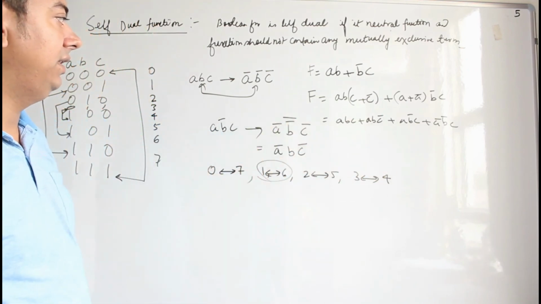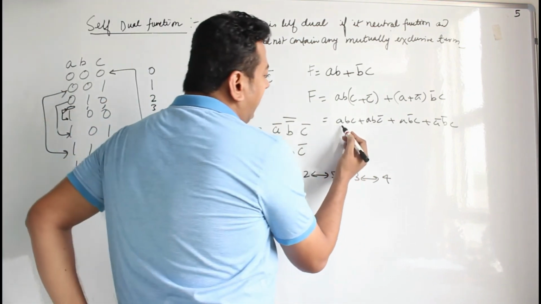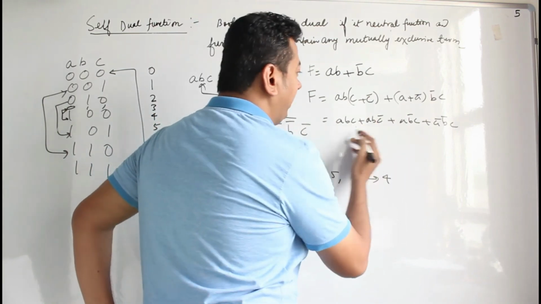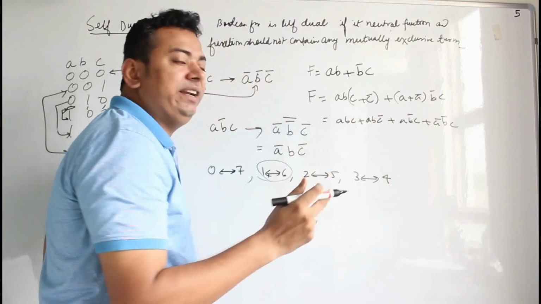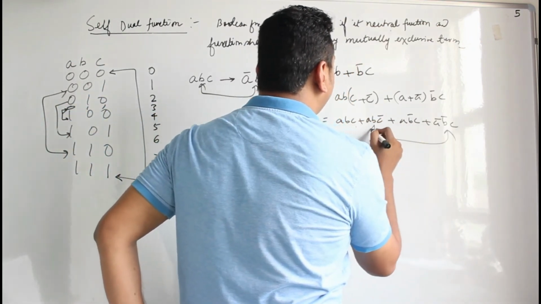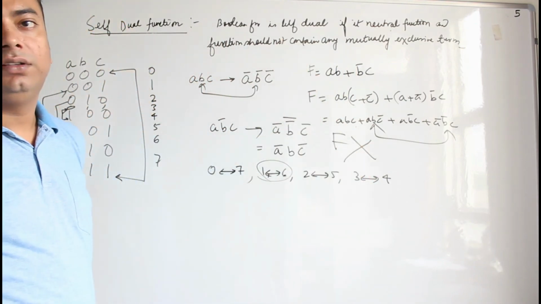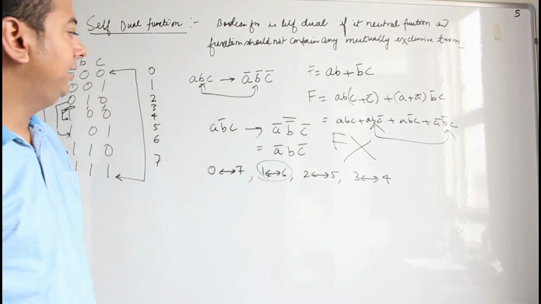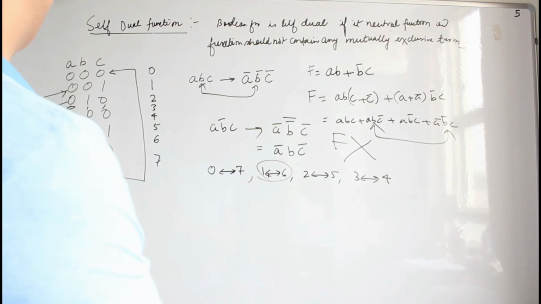Fine, there are 4 terms. Now check whether there is a mutually exclusive term or not. If a b c is given, there should be no a bar b bar c bar in this term, and there is none. If we have a b c bar, there should be no term a bar b bar and c. Oh, these two are mutually exclusive. So this function is not a self-dual function. Although it is a neutral function, it is not self-dual. So how many self-dual functions are possible for 3 variables?